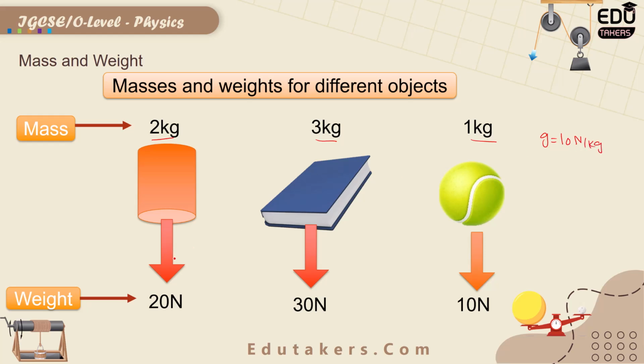So you get the weight for the cylinder, which comes to be 20 Newton. For the book, it comes to be 30 Newton, and for the ball, it comes to be 10 Newton. So for all of these objects, as the value of mass is different and the gravitational field strength is the same on the surface of earth, the weight for all of these objects would be different.